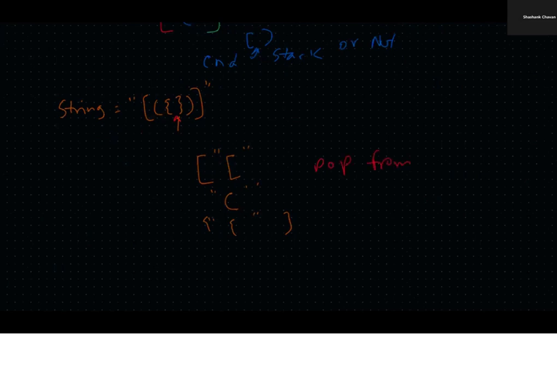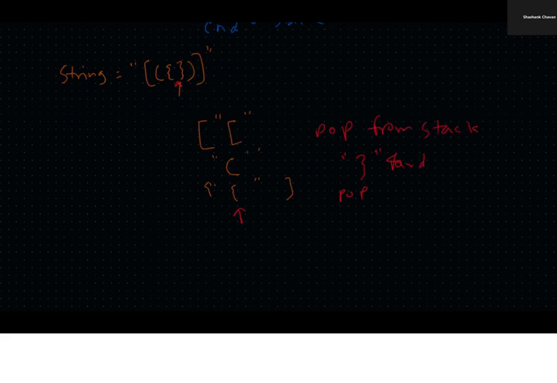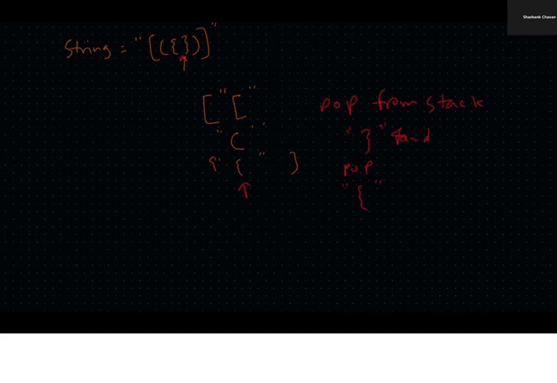What was the last element which was pushed? It is this one, right? So we will pop it. Then we found the closing curly brace. Here we check that the popped one was a curly brace, and the same we found here. So that's our correct logic, right?